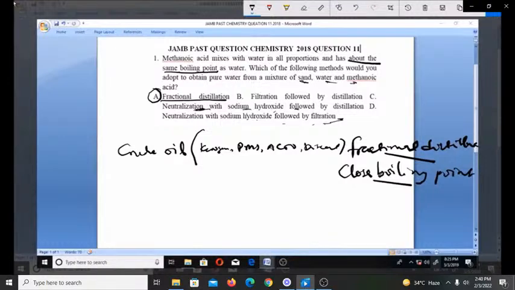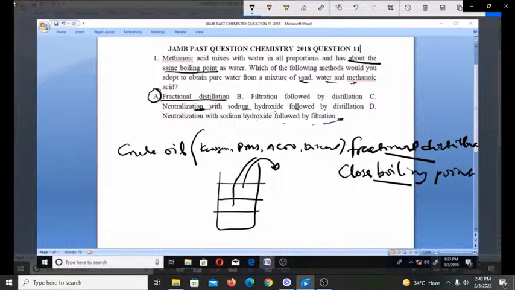So fractional distillation is what you use. But if you're separating a solid from liquid, you can also use filtration for this, but fractional distillation does it because at the right temperature, the one with lesser boiling point will go out first. Let's say if it is either methanoic acid or water, it goes out first.